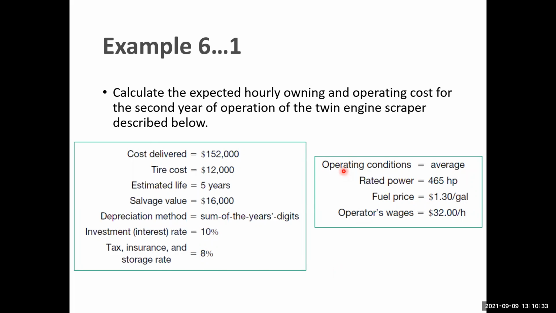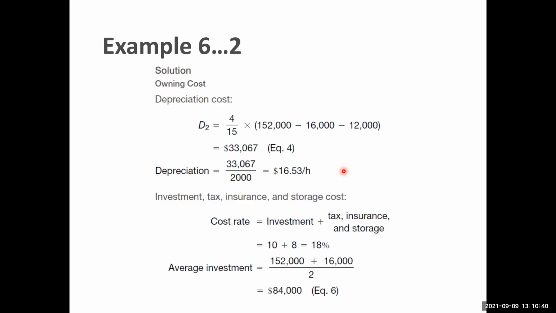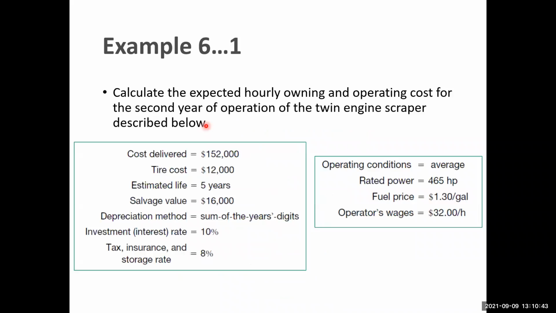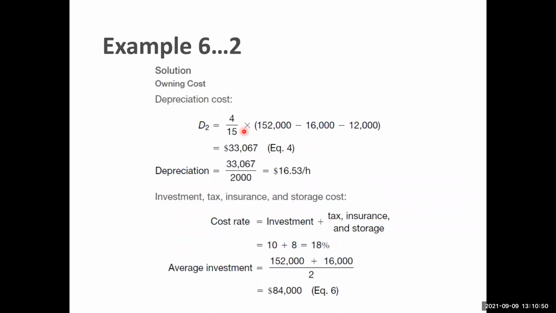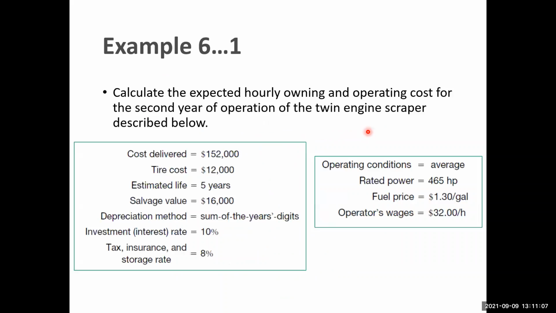Now we have to calculate the total owning and operating costs. We can start by calculating the depreciation, since we need the depreciation in the second year of operation. If we are using the sum of the years digits method, first we take the cost, which was $152,000. We subtract the cost of the tires, and we also subtract the salvage value.